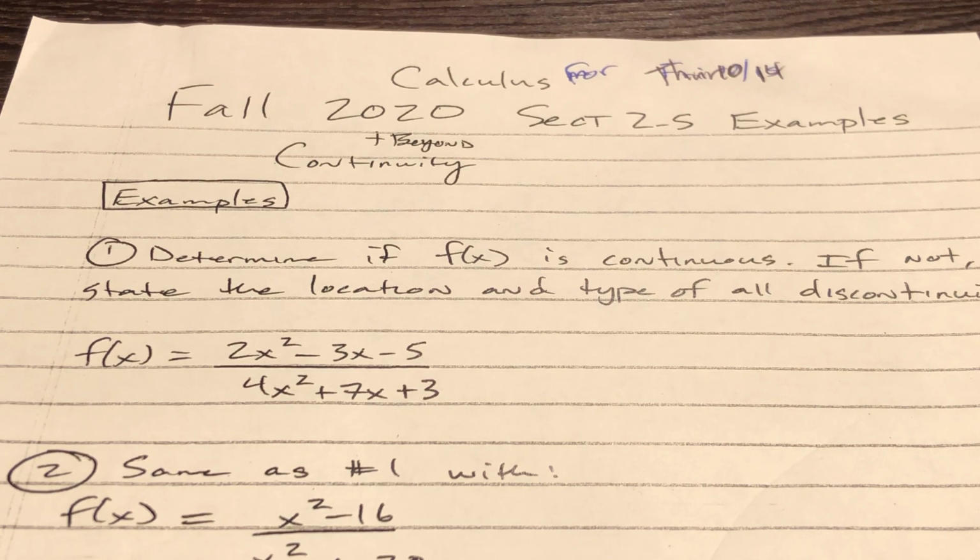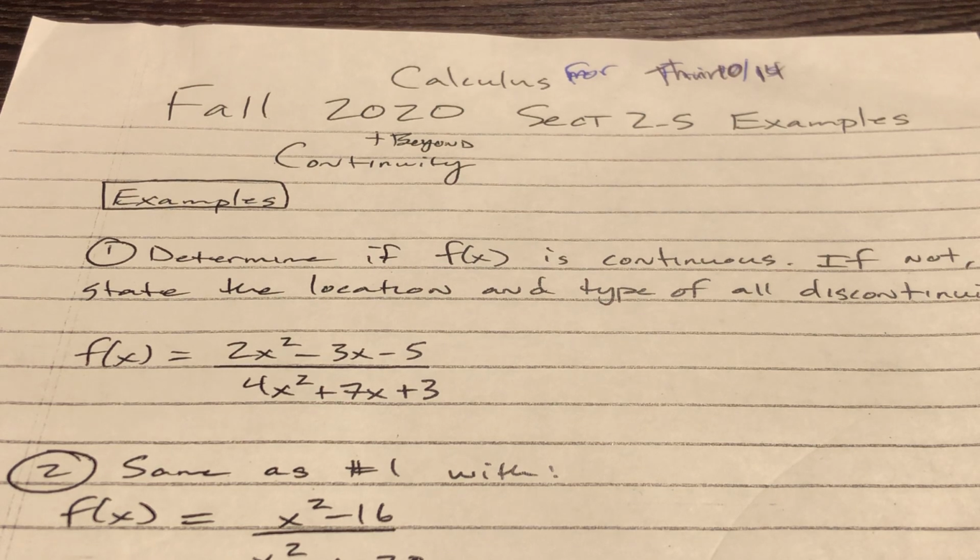Here, it's all about continuity. A function is continuous if I can make the graph of said function without picking up my pencil. Think about your standard parabola. You just make the U or the igloo without picking up my pencil. Think about a straight line.